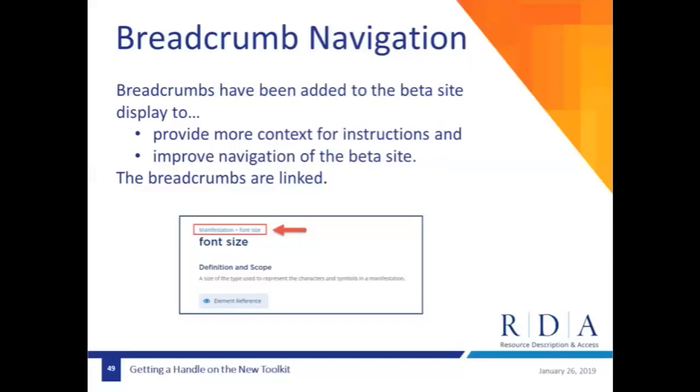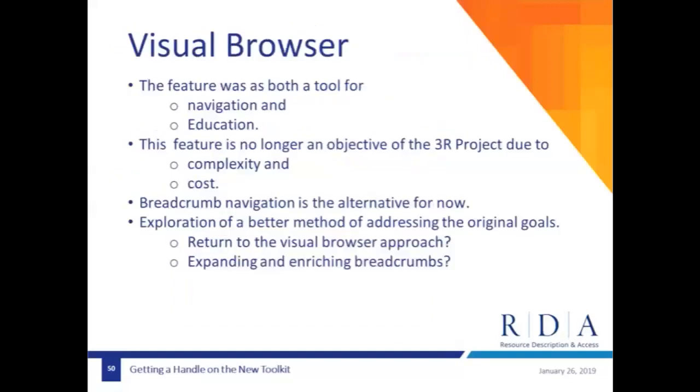The breadcrumbs were added. One, we needed to add them for guidance chapters and resource chapters too. You'll see them in there. But mostly it's because we had an issue with the visual browser that we had planned. And this is a source of disappointment for us, that we've had to put the planned visual browser on hold and take it off the to-do list for 3R.